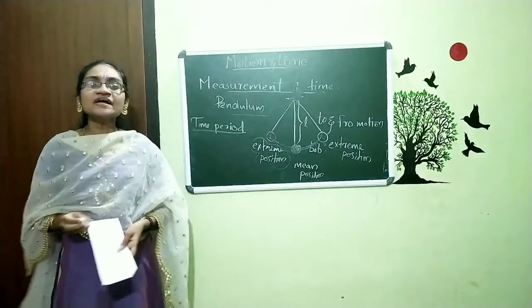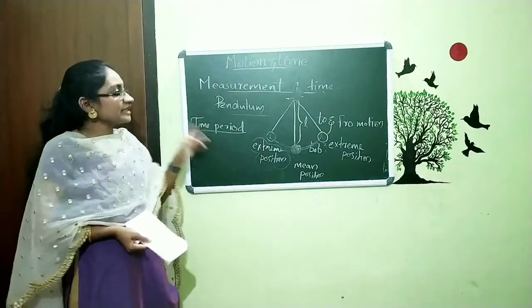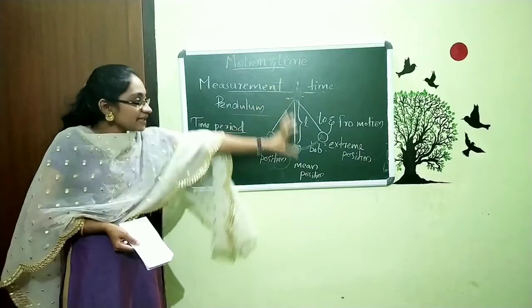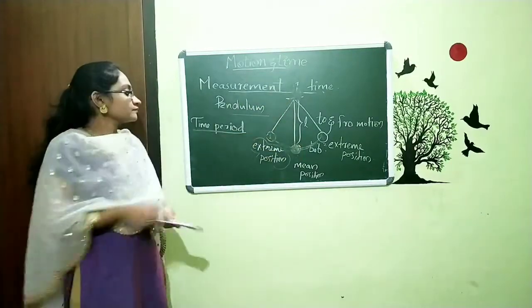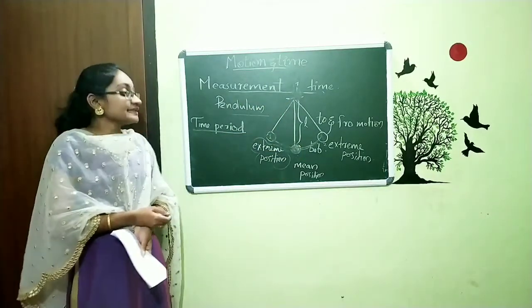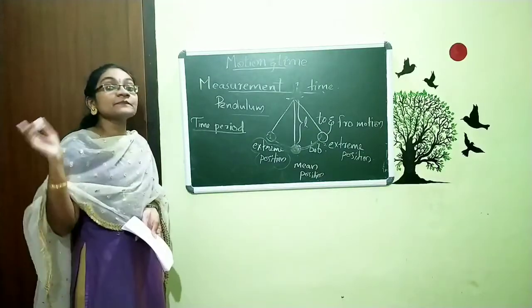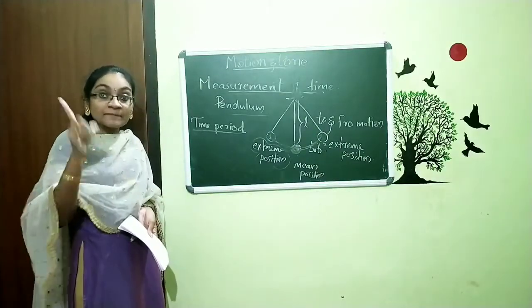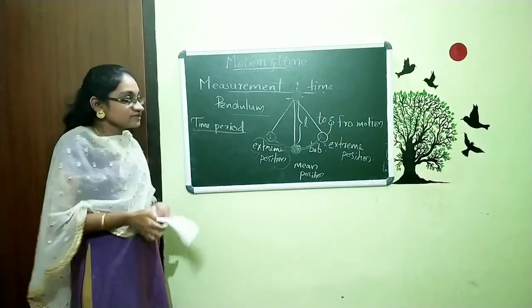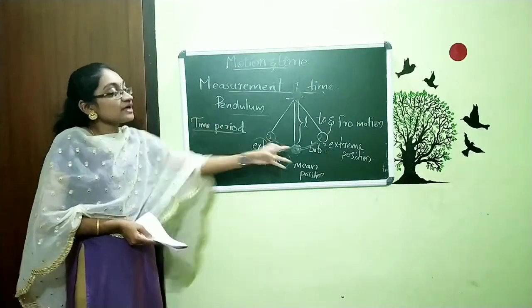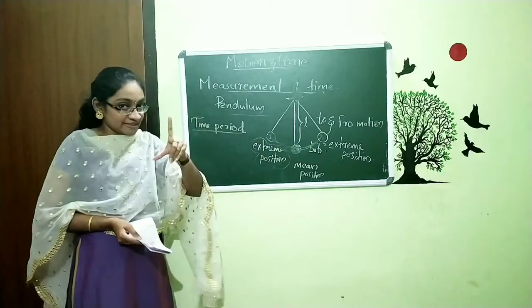Then next we want to study about time period. What is this time period? This is something related to this pendulum and the bob. What is this time period? Time period is very simple. That is the time taken by the pendulum to complete one oscillation. That's why I just introduced what is one oscillation.